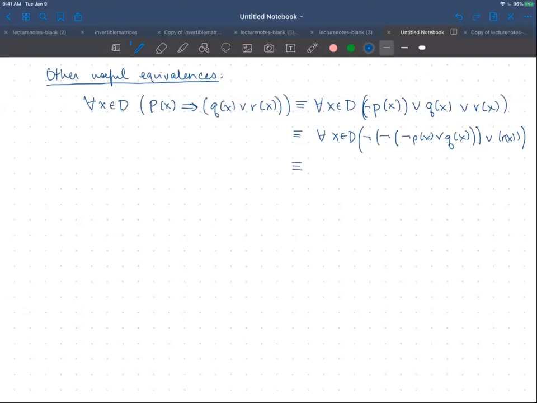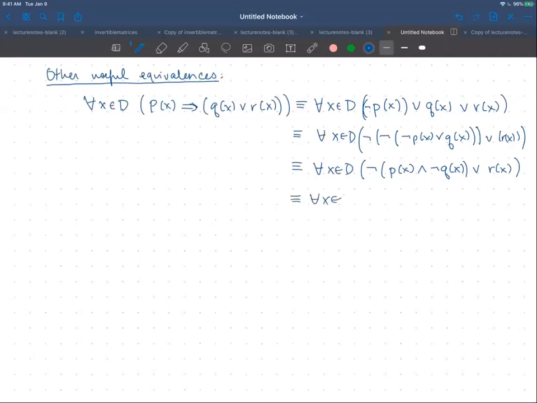And what we get now is, let's see, for all x in D, we can turn this first one into an and, so we're going to get a not. The double negative of p of x is p of x. We get an and, not q of x, or r of x. And look, we've got not something or something, and that's law of implication again.